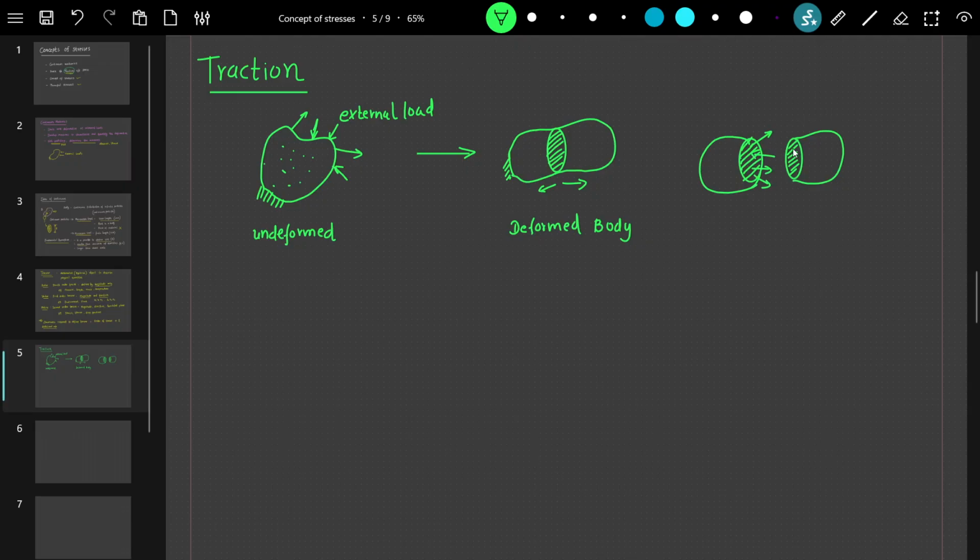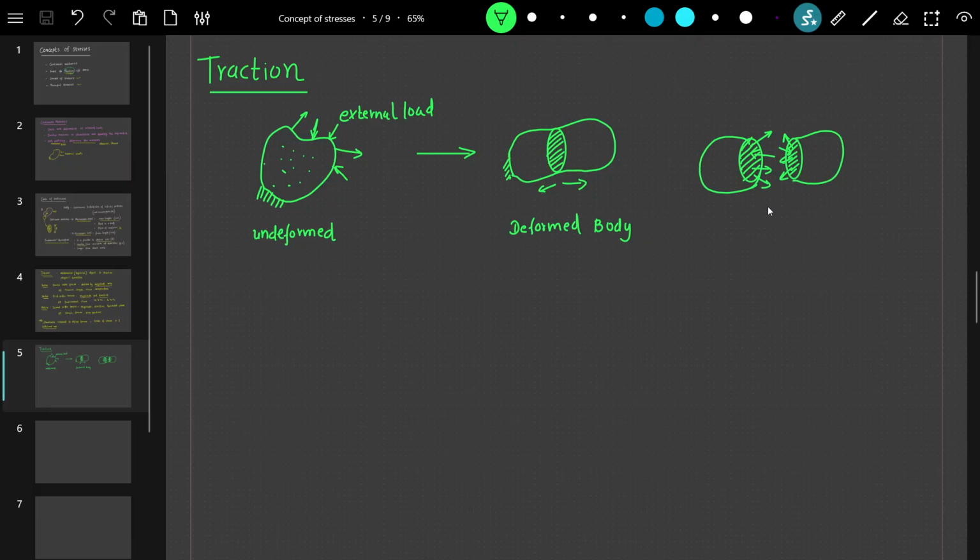They could be in any direction with respect to this cut section. Now the left hand side will impart forces on the right hand side surface and vice versa. So both surfaces will impart forces on each other.